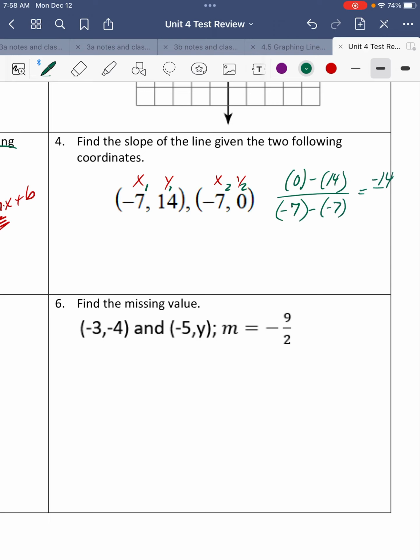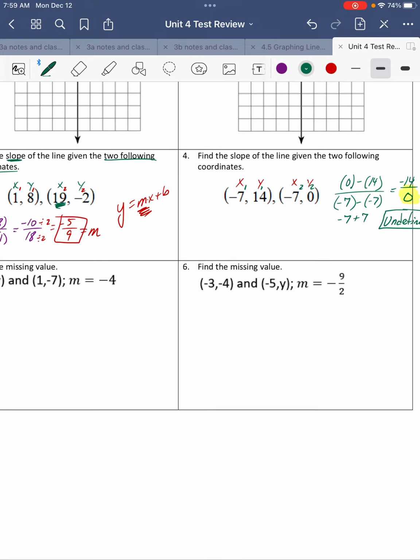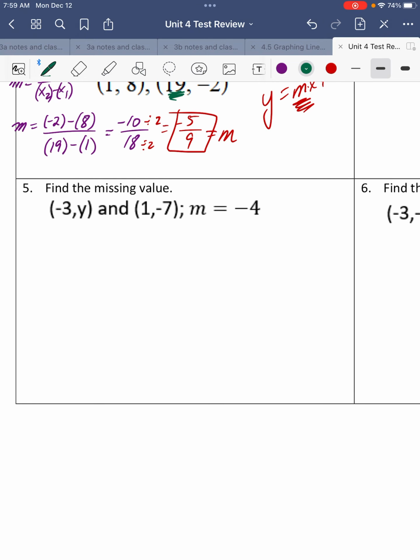So I have 0 minus 14 is -14. -7 minus a -7 is a plus, that'll end up being +7. -7 plus 7 is 0. -14 divided by 0. You can never divide by 0. This cannot happen in math. So that was undefined. There's no number that will give that. So undefined slope.